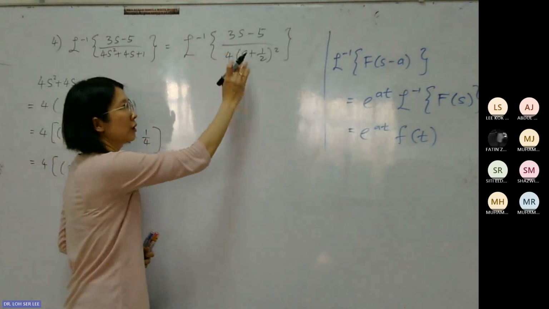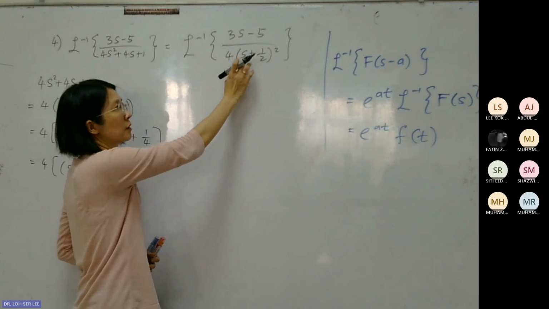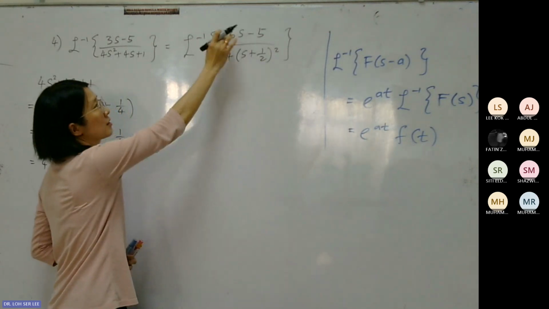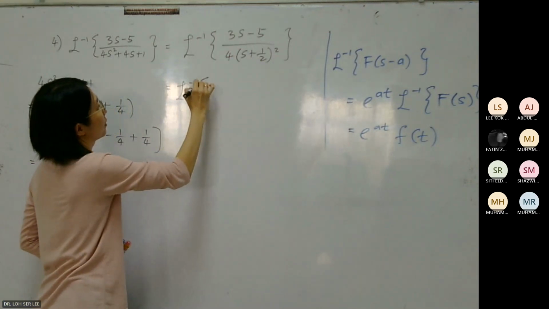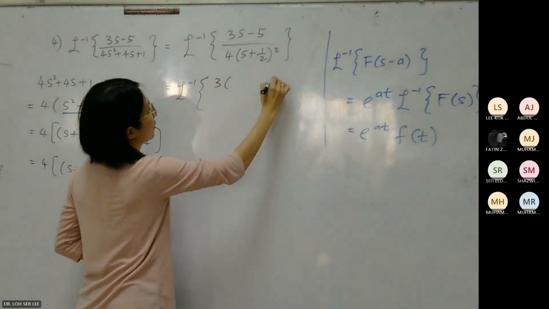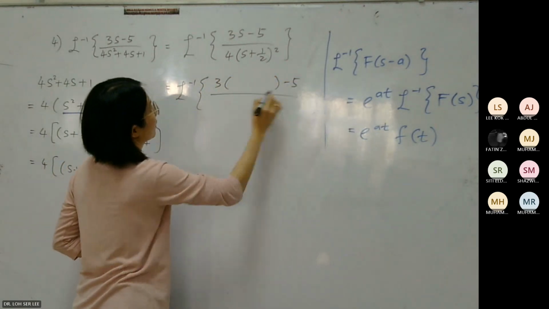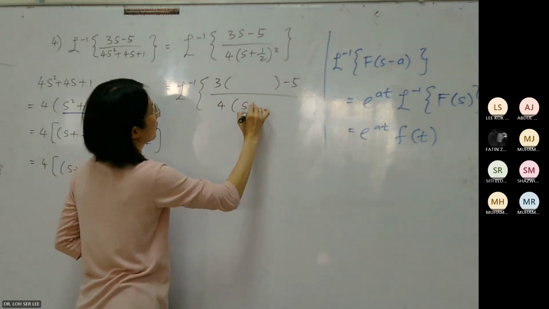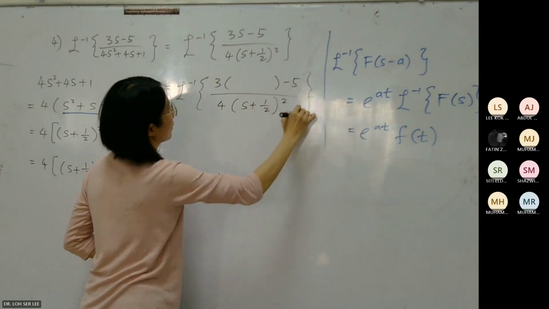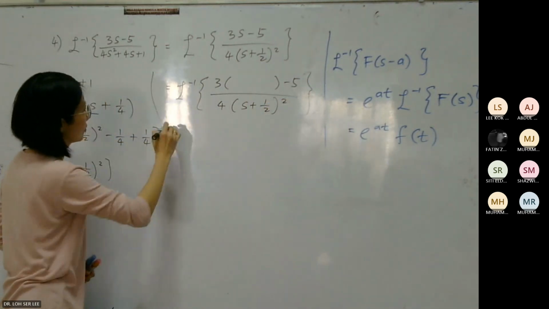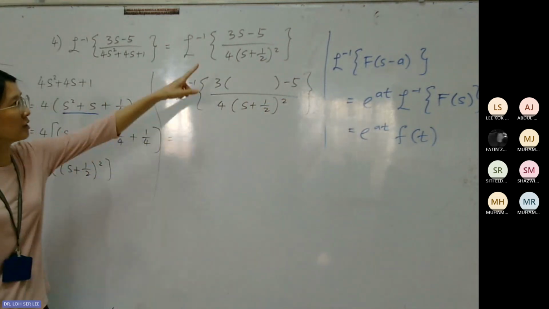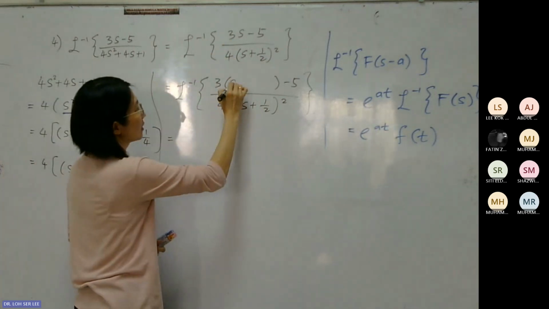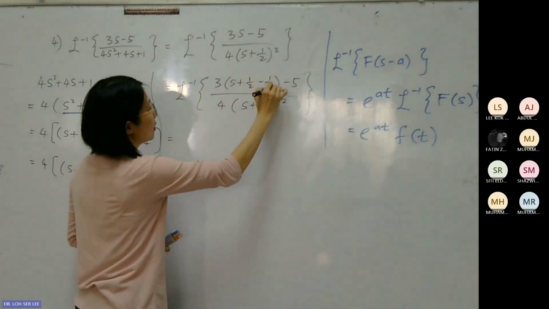Your s is in the form of s plus half. So this s, we want to create the s plus half and then minus half.